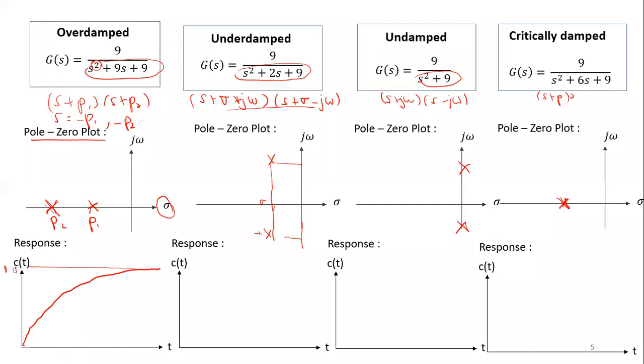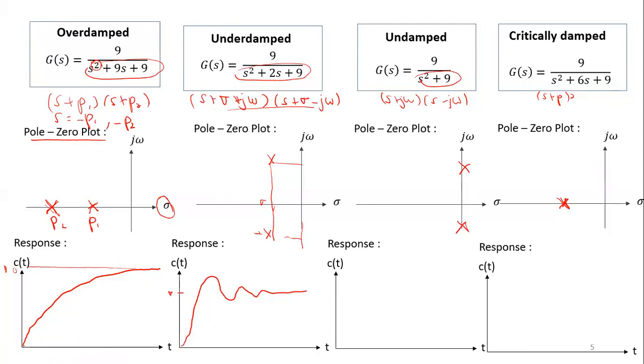So for underdamped, you have some desired point here, and you're going to expect that your response will be like this. There is some overshoot, and then some oscillating before it goes to the desired set point.